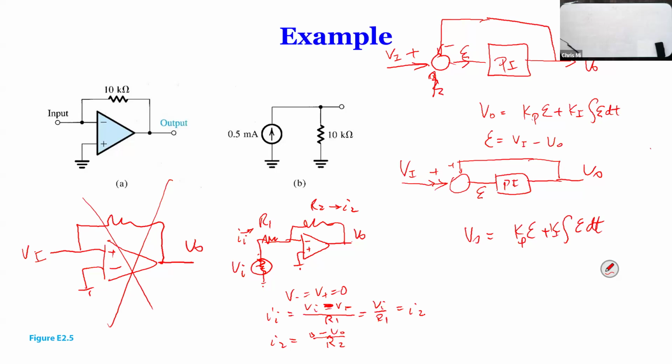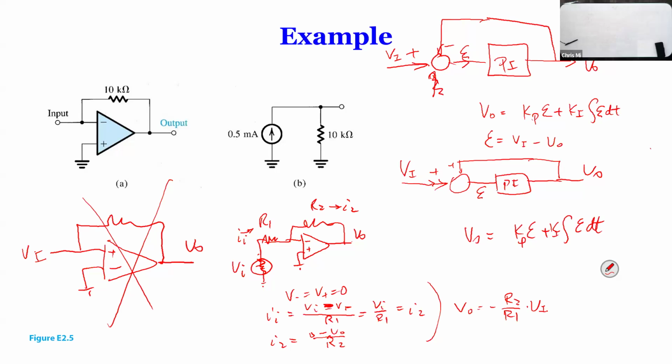So VO equals minus R2 over R1 times Vi. Very simple output.